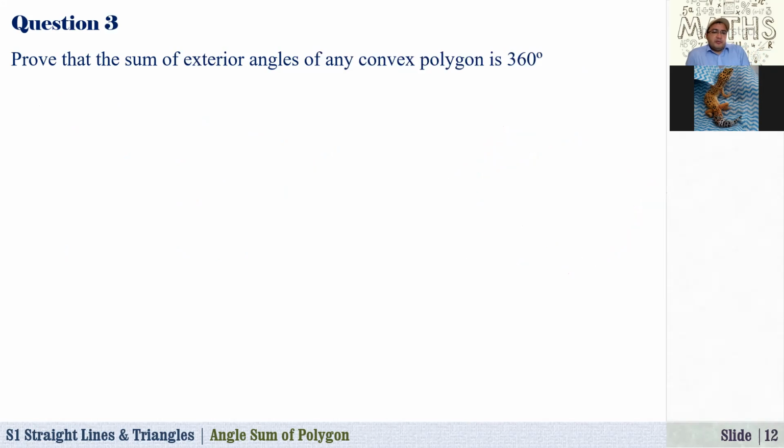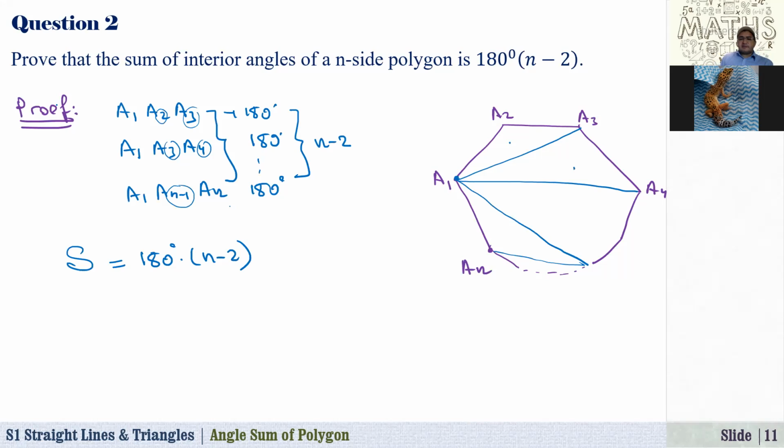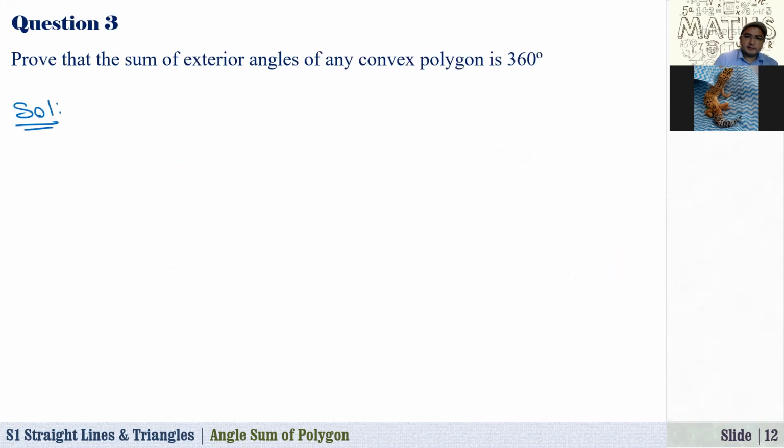And the second one is prove that the sum of exterior angles of any convex polygon is 360 degrees. Okay. In a similar way, suppose we are talking about any convex polygon, and suppose it is an n-sided polygon.